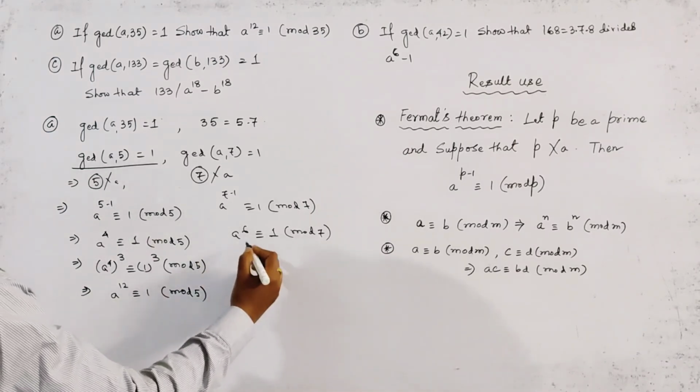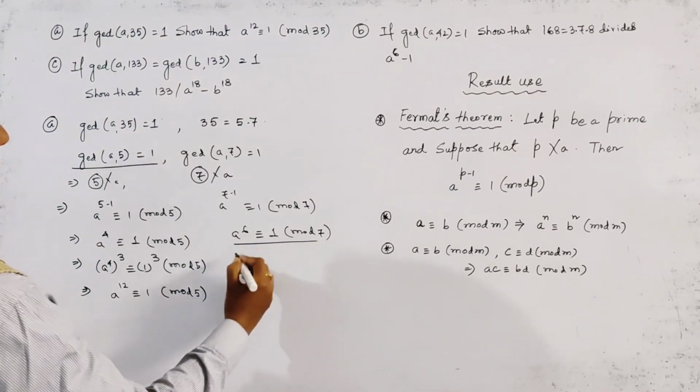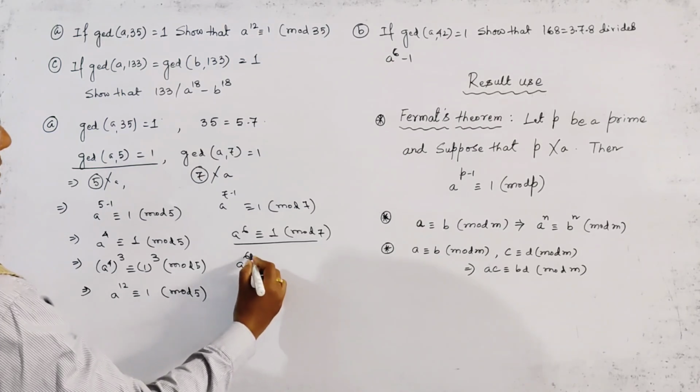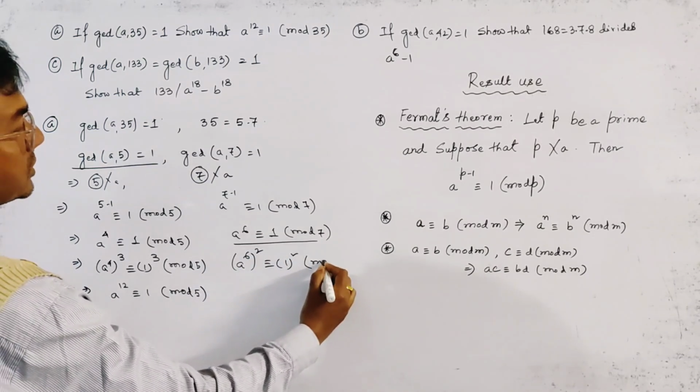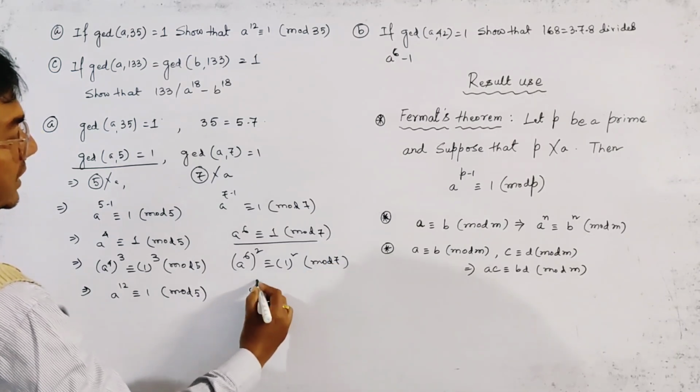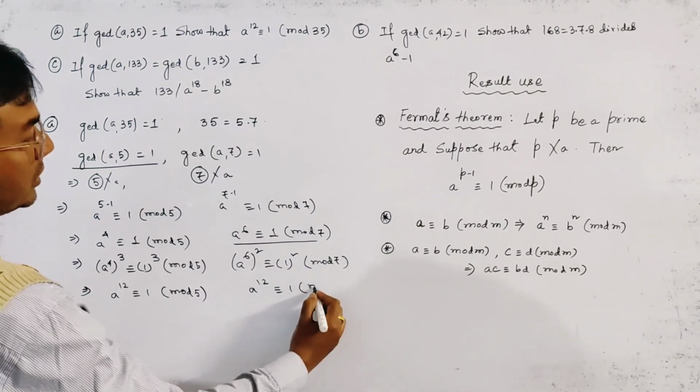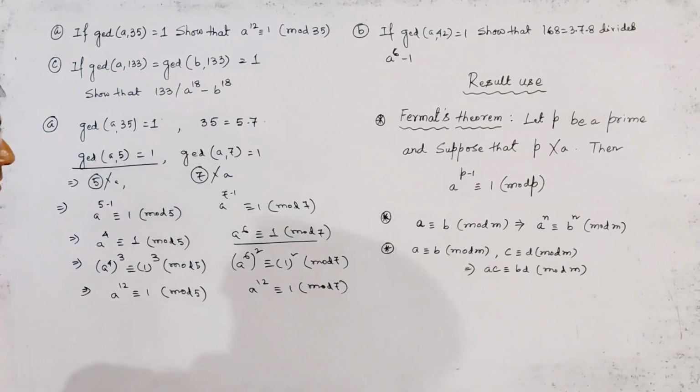And similarly, squaring both sides of the mod 7 result, we get A to the power 6 to the power 2 congruent to 1 to the power 2 mod 7, that is, A to the power 12 congruent to 1 mod 7.